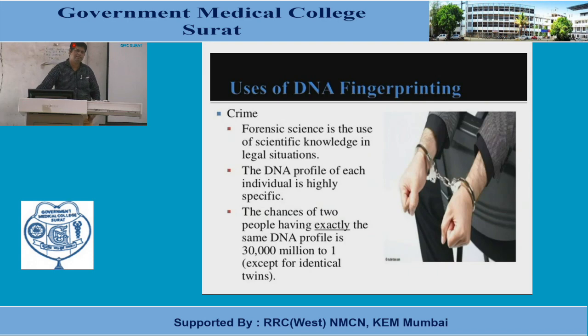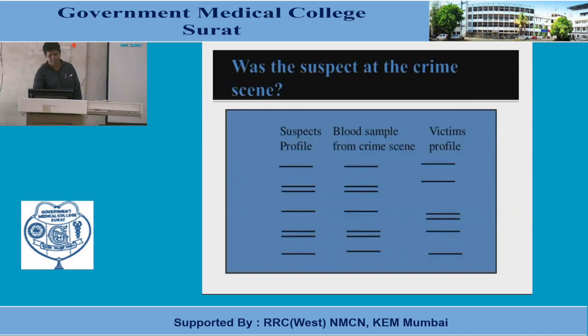In forensic science, at the crime scene we can get either blood or hair, etc. From that we can get a blood sample from the crime scene.